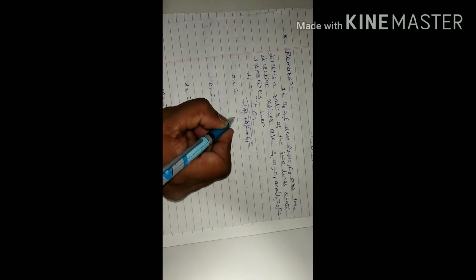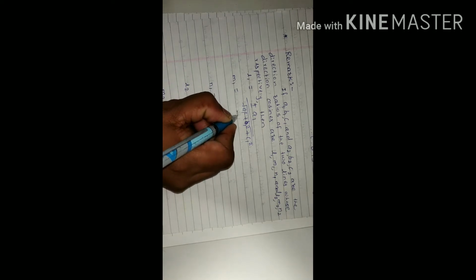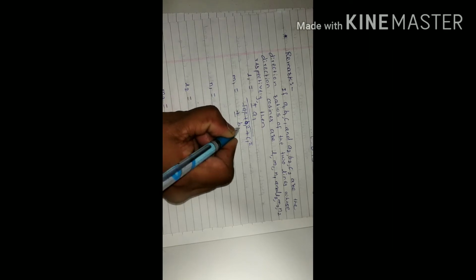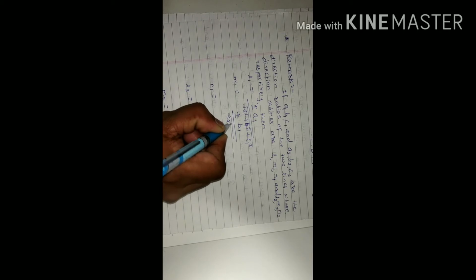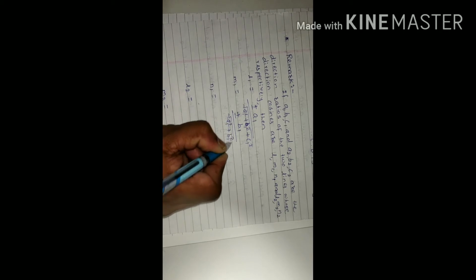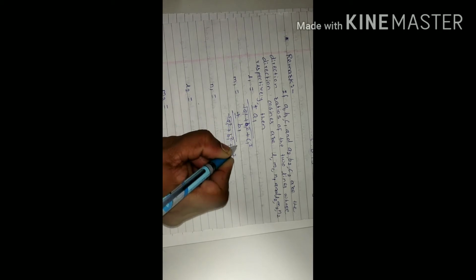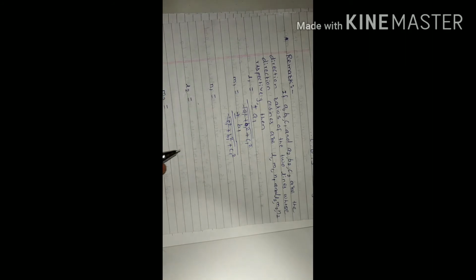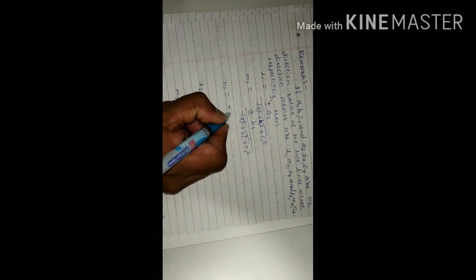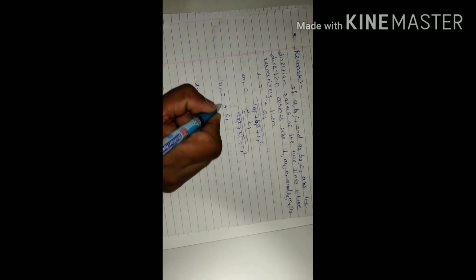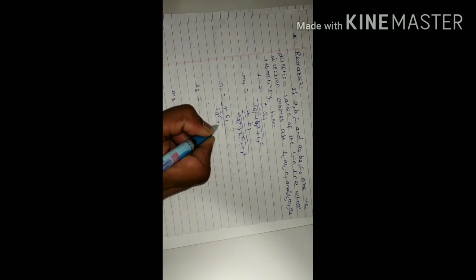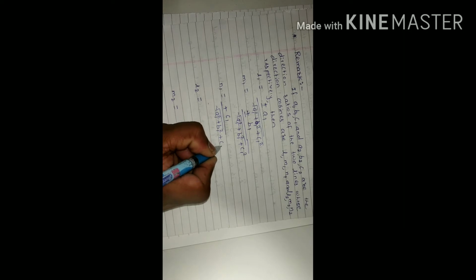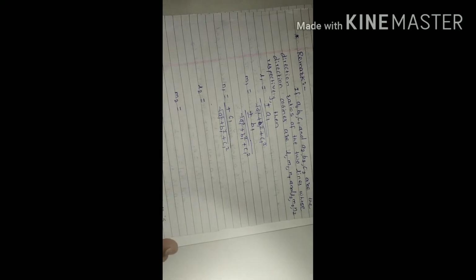Then m1 is equal to plus or minus b1 divided by the square root of a1 squared plus b1 squared plus c1 squared, and n1 is equal to plus or minus c1 divided by the square root of a1 squared plus b1 squared plus c1 squared.